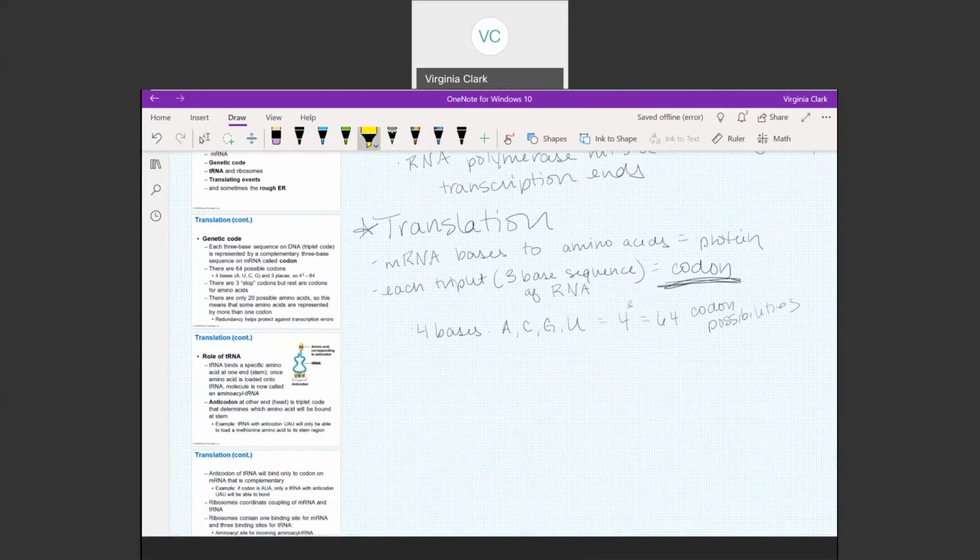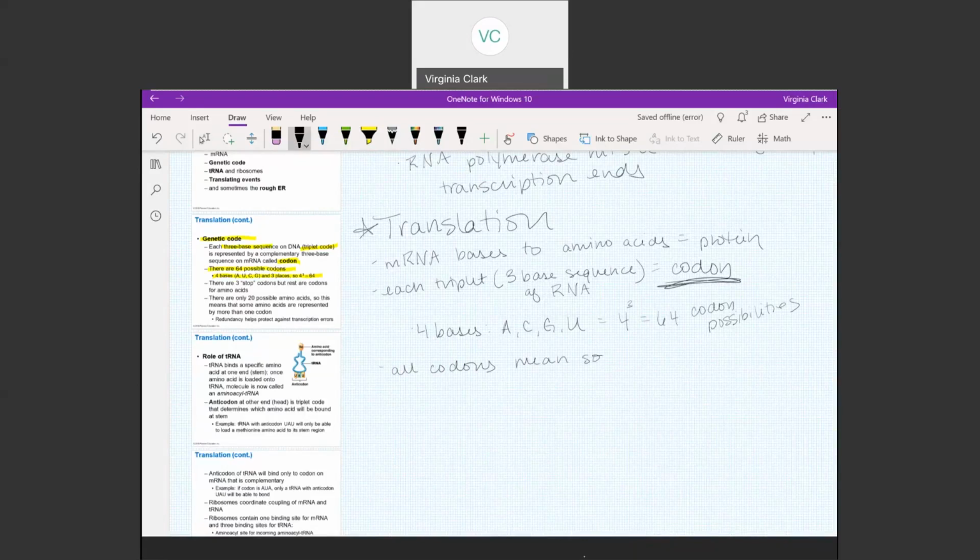So with this genetic code right here, a triplet is a 3 base sequence called a codon. There are 64 possible codons because there's 4 bases and 3 places, so 4 to the 3rd power is 64. So 64 messages or 64 amino acids. All codons mean something.